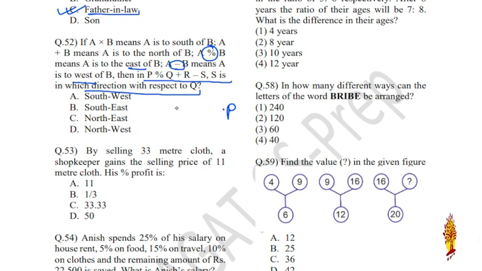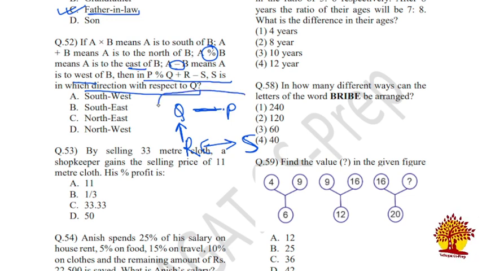Percentage means east, so Q is east of P. Next, plus means north, so R will be north of Q. Then minus means west, so R is west of S. This is the diagram we got.